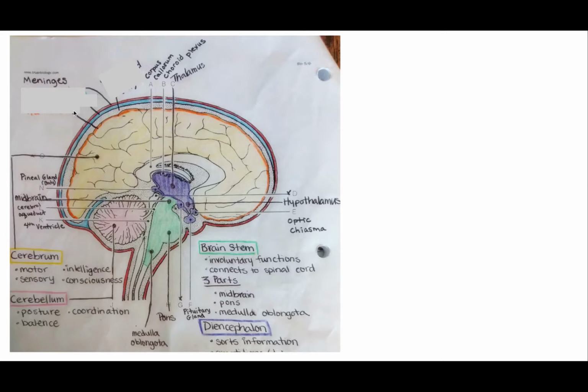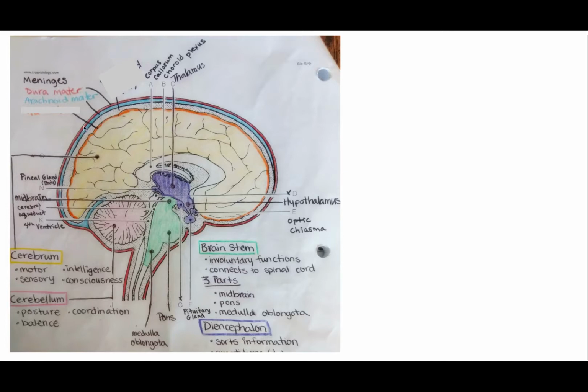So the dura mater, I've colored in red, and you can see that it goes all the way around the entire brain, the brainstem, and extends down past into the spinal cord. And so it's making up the layers there. Then the next layer of the meninges is the arachnoid mater, which I colored in blue.